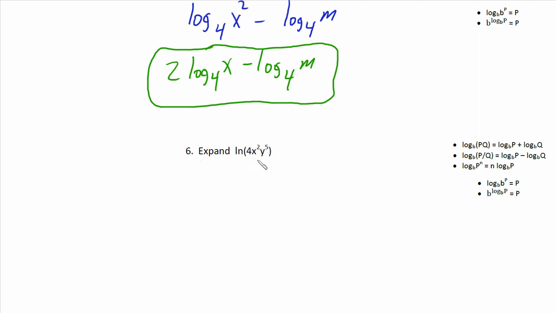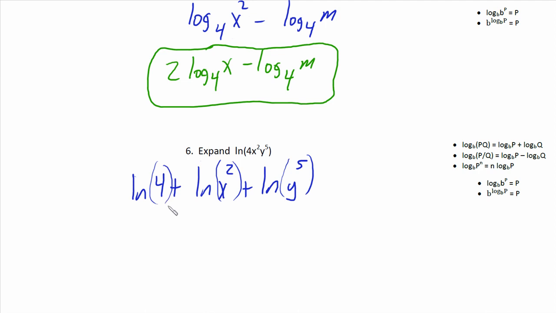So we're going to split those from multiplication into addition. We're going to apply this theorem right here. When we do that, we get ln of 4 plus ln of x squared plus ln of y to the 5th. It's a good idea to put these arguments in parentheses here.